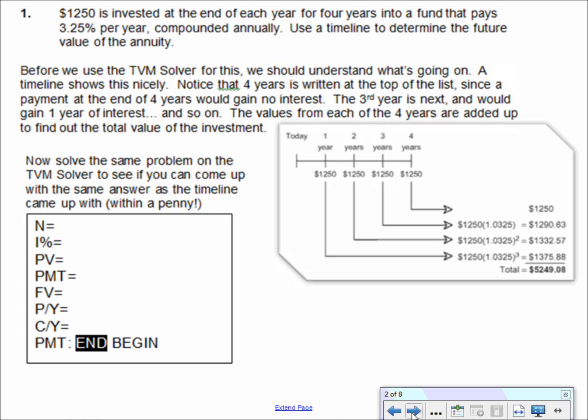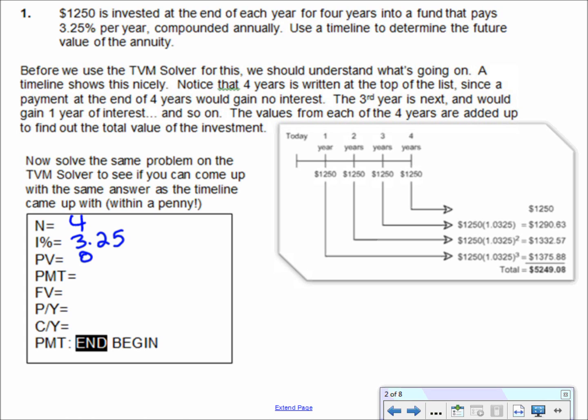Okay, so on this question, we're going to just fill in the information. So N, remember, N is now the number of payments. It says $1,250 is invested at the end of each year for 4 years. So it's only once a year for 4 years. So our number of payments is going to be 4. Our interest rate stays as a percent, it's 3.25. Our present value in this case is 0.